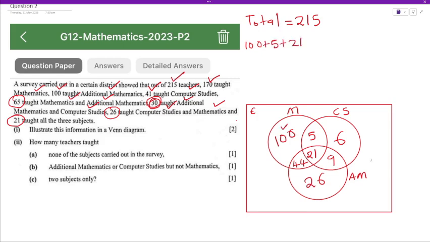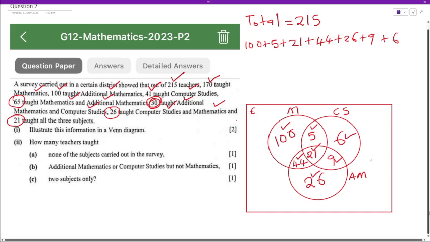We have captured the 100 here, the 5 there, and the 21 there. And then we say plus 44 plus 26 plus 9. I've captured the 44 there, the 26, and the 9 there, and then plus 6. The last one here.